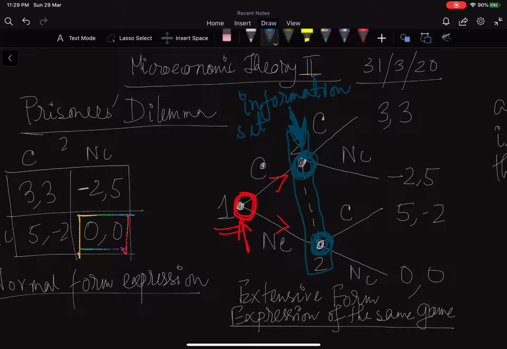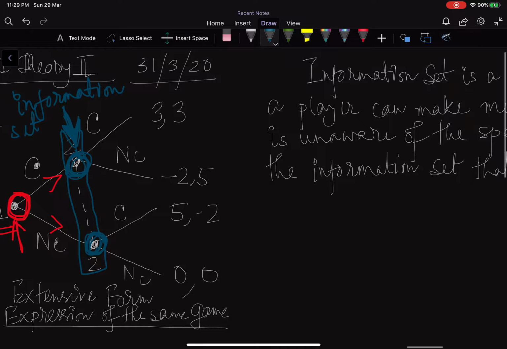That's what makes the game simultaneous move. It's not that they're literally moving simultaneously, but that they're unaware of the other player's move when they make their choices. So in that sense, the ordering of players in an extensive form expression of a simultaneous move game would not be that important.